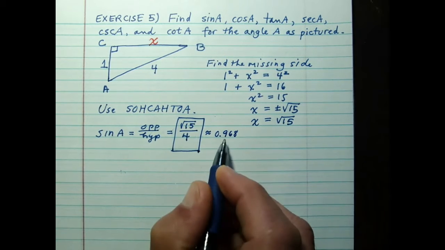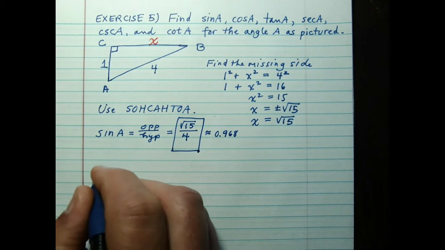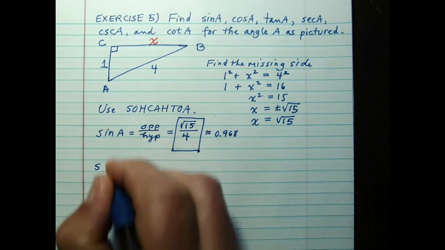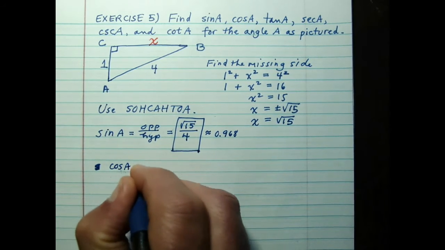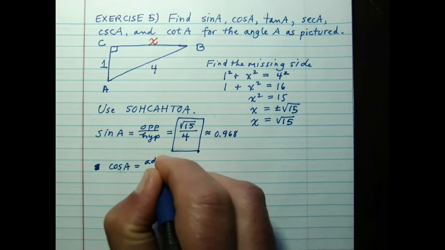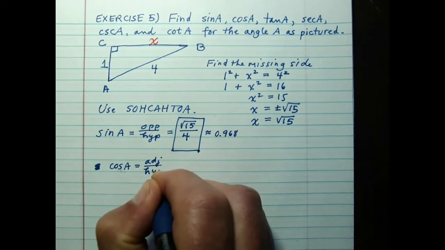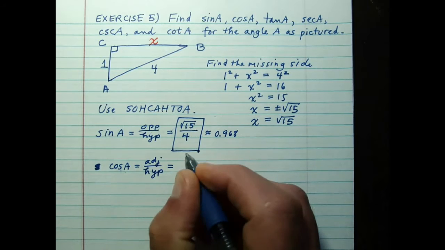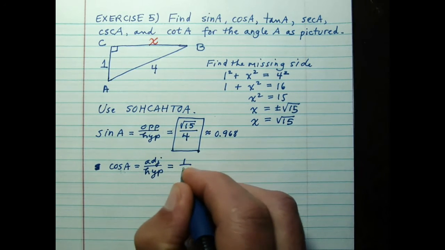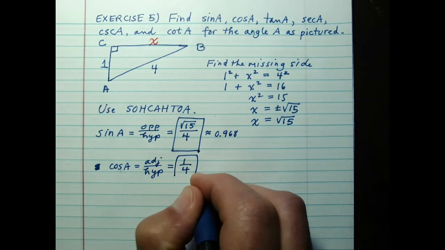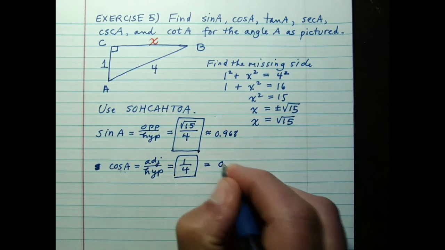So make sure you can find that if you have to. It's not required for this exercise. That's fine. Now we're going to do cosine A, adjacent over hypotenuse. And adjacent to A is 1 over 4. And of course that's just 0.25.